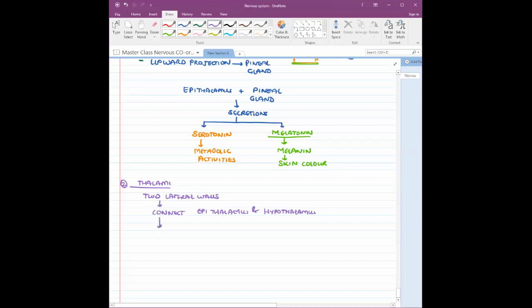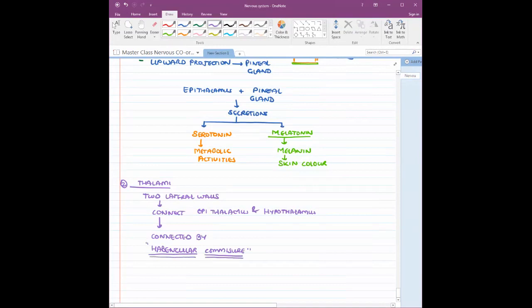But then how are they going to meet? Guys, very, very important, from the exam point of view, the most important thing: they are connected together by the habenular commissure.